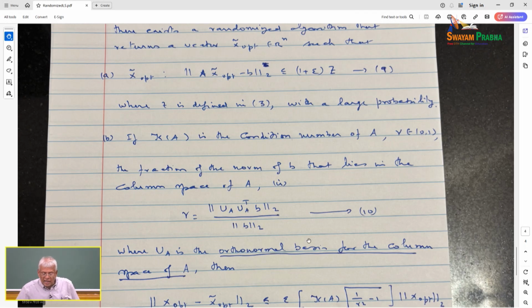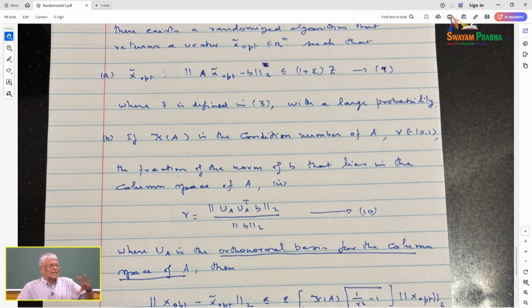So, this is the fraction of the total energy in B, in the numerator, which lies along the span of A, and this ratio should always be less than or equal to 1. If it is equal to 1 means what?